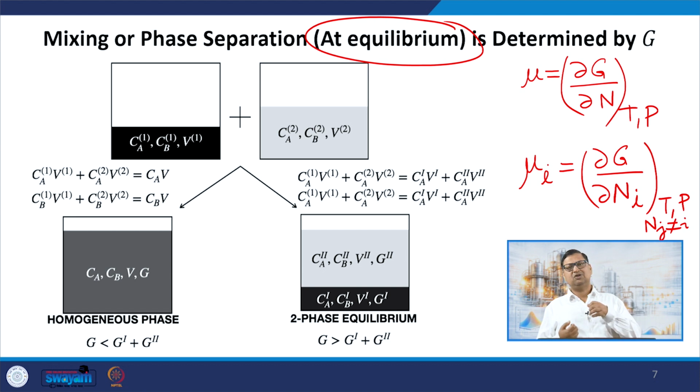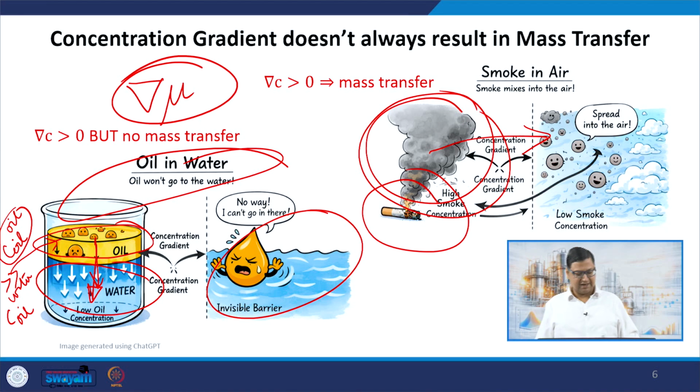So, I am referring to the condition of equilibrium as the condition where there is no external agency and then eventually there is no change in the concentrations because concentration gradients should eventually vanish. In both the examples which I gave here, in the case of oil and water, the concentration gradients are not there in the oil phase, and even though the concentration gradient is there at the interface between oil and water, it is not going because of chemical potential.